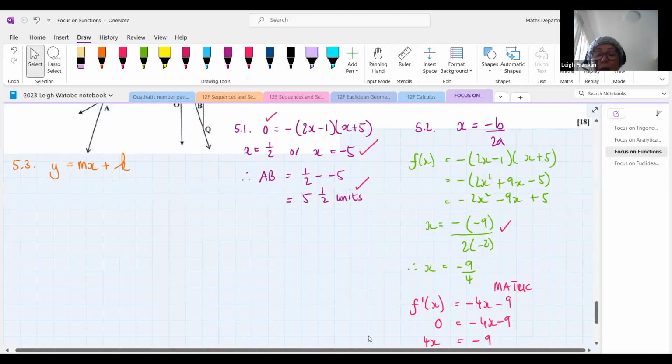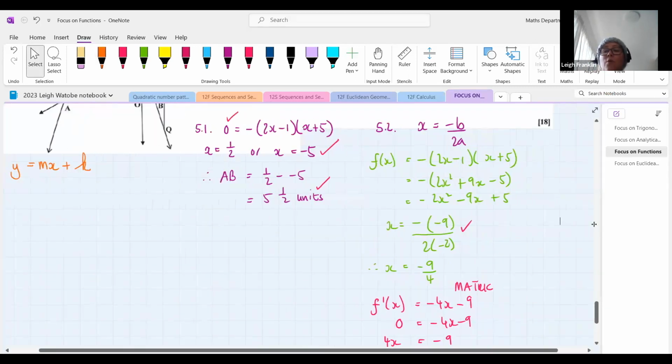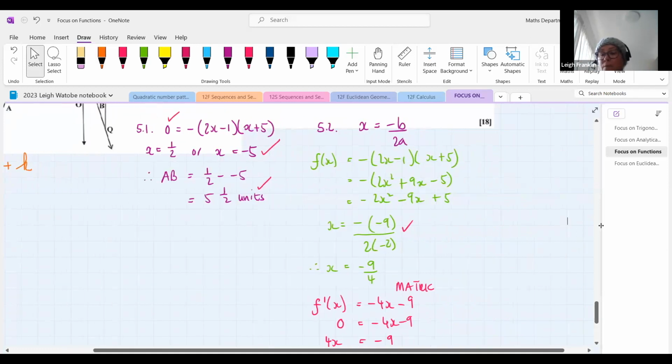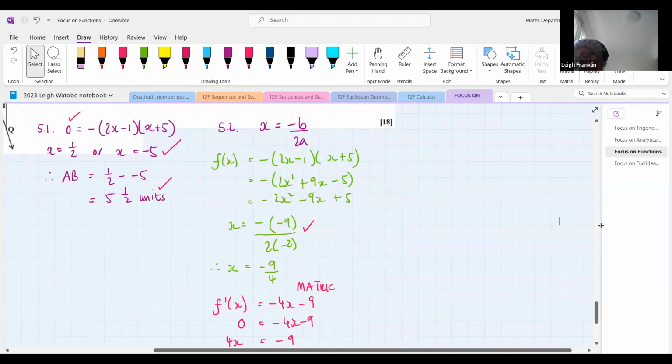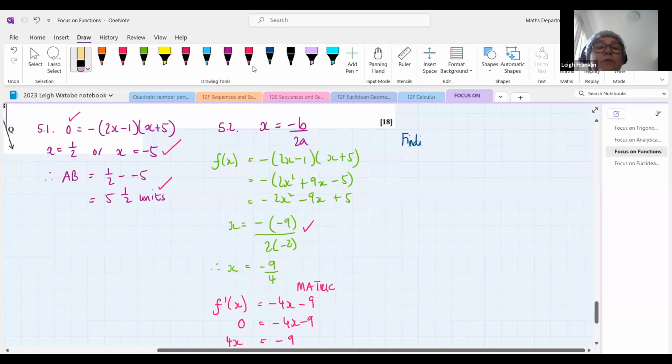So maybe what I need to do here is make a note for all of you on the side here. This is specifically the turning point of a parabola. Then I'll show you what to do with midpoint formula. Determining is probably a better word. We don't use the word find anymore.